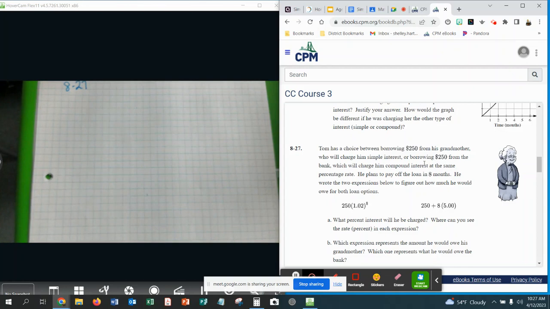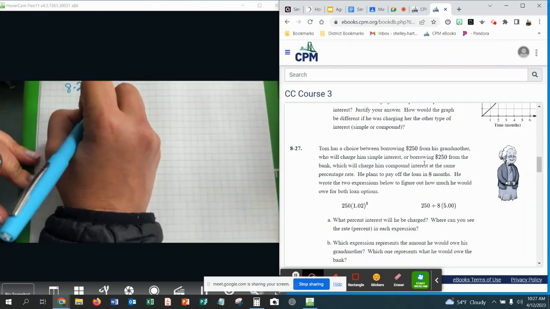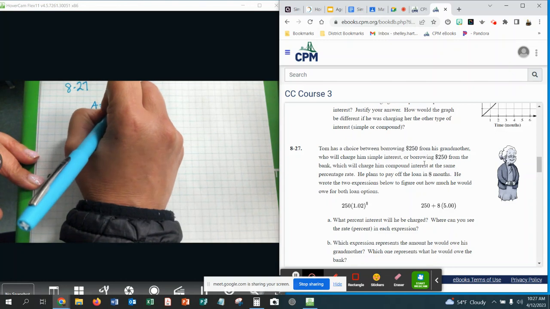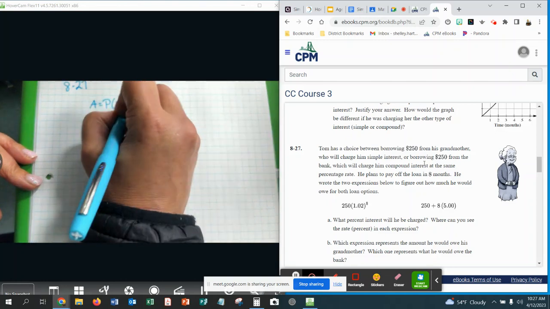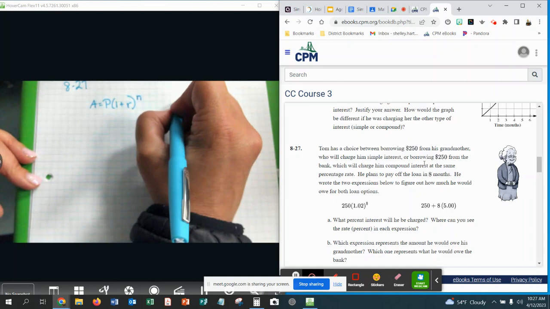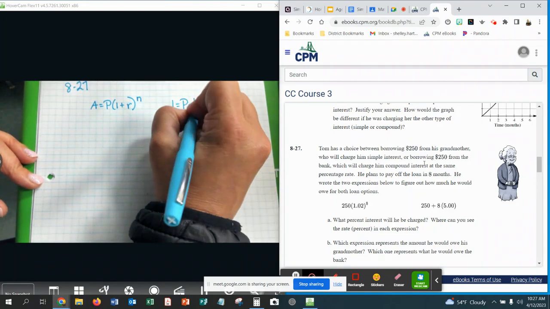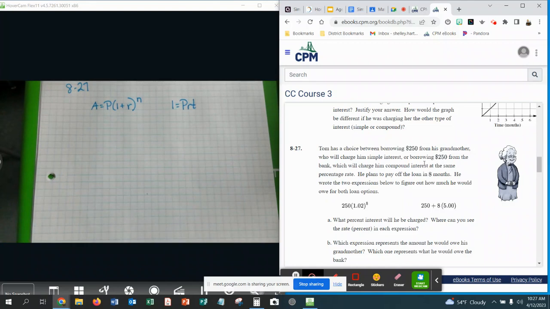All right, 8-27, we have the compound interest formula, which is A equals principal times 1 plus the rate to the n, and then our simple interest is interest equals principal times rate times time. Okay, now it looks like the 250, this is what they have.